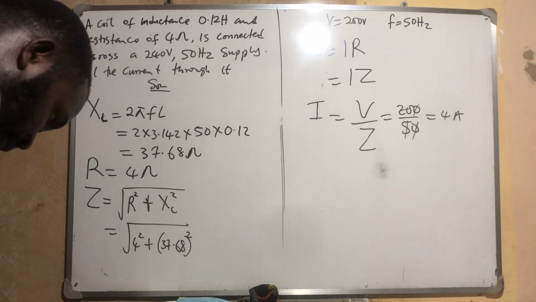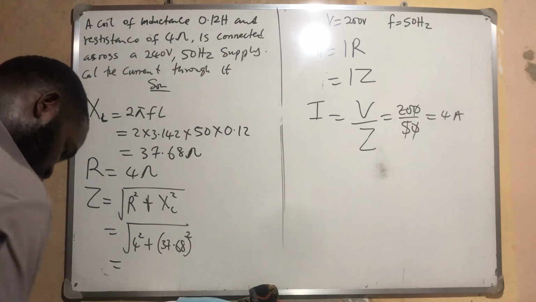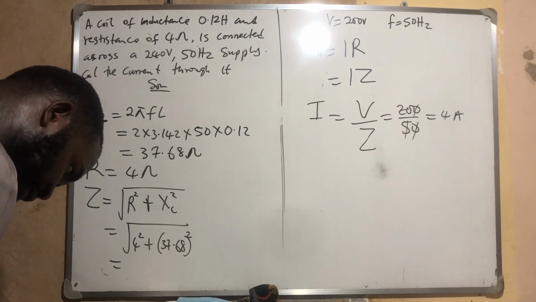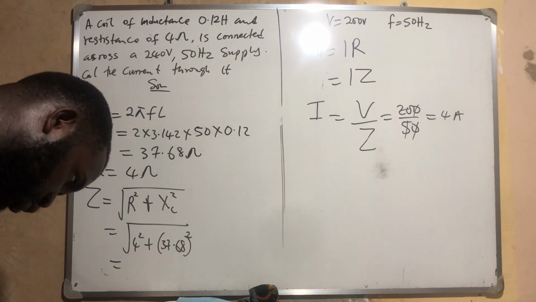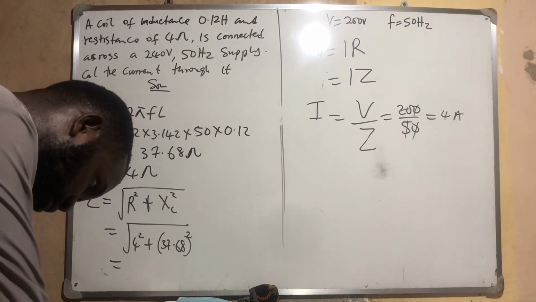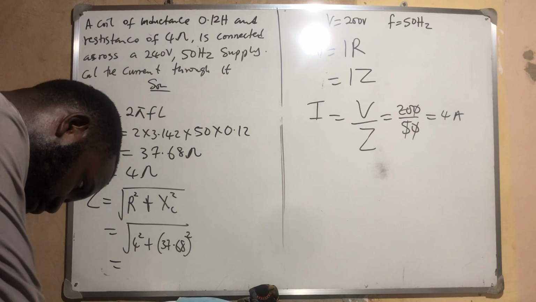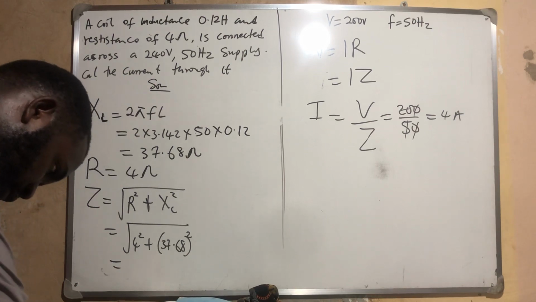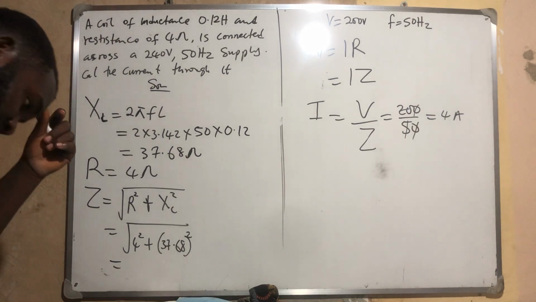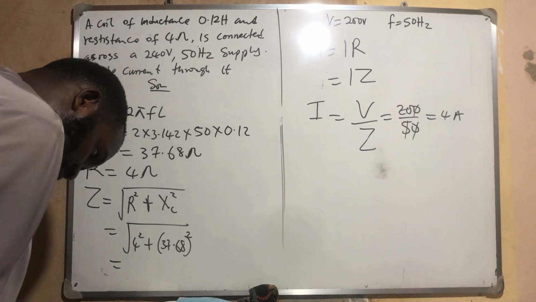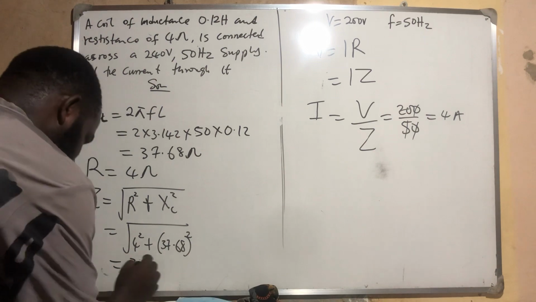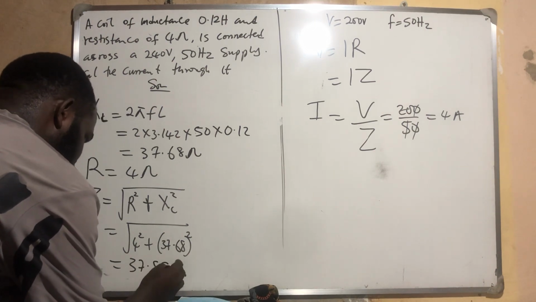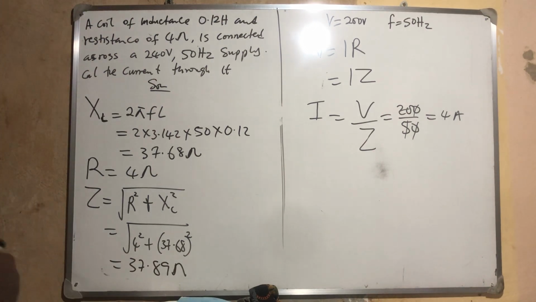So if you do everything here, the impedance gave me 37.89 ohms. Okay, 37.89 ohms.